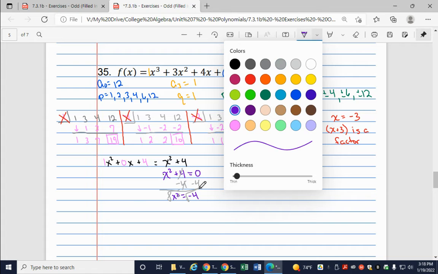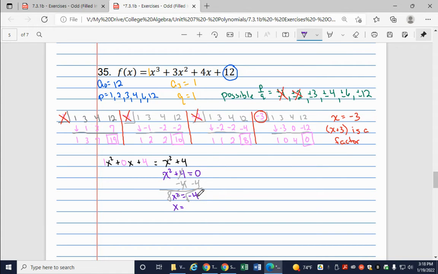So I end up with x equals, since I have a negative, I know I'm going to have an i, and the square root of 4 is 2. And since it's a square root, it's the plus and negative of that. Wait, how'd you know there's going to be an i? Because there's a negative inside the square root. Oh. Anytime you square root a negative, you get an i.